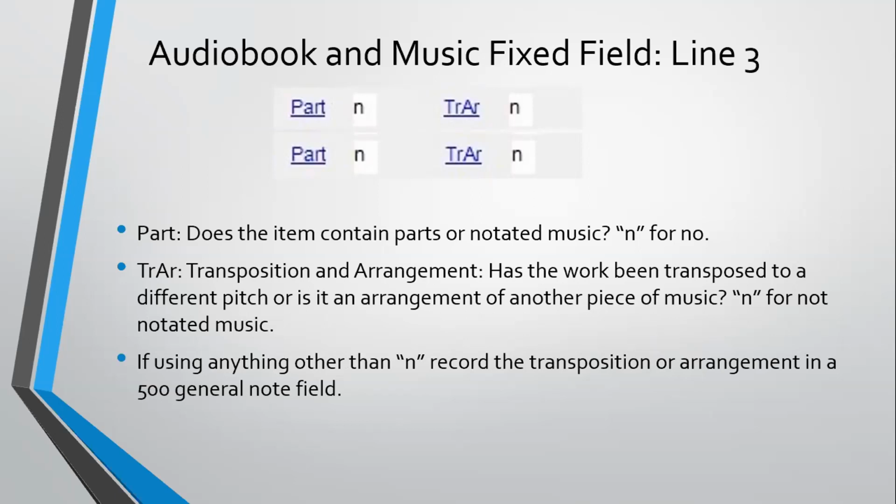So we will, in this case, use code in for not notated music. And if you do have additional parts to your resource that are anything other than in, so if you have something that is notated music included in your resource, you can always add notes about that, what the transposition or arrangement is, in a 500 general note.